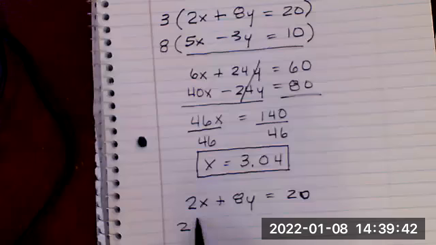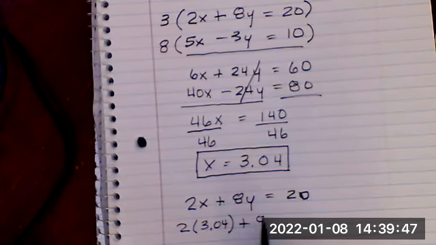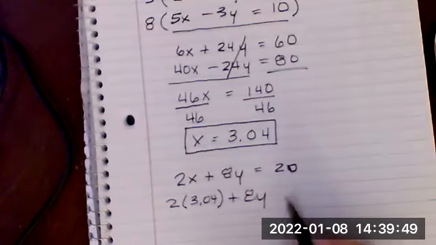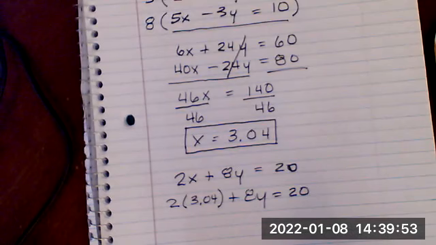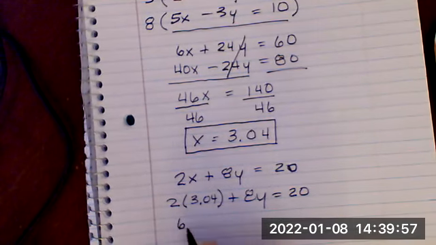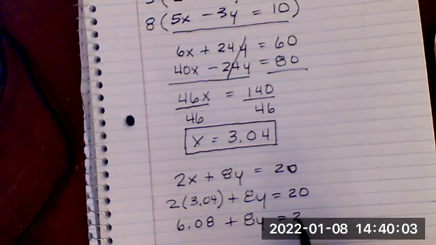We're going to have 2 times 3.04 plus 8y equals 20. All right. So this is going to be what? 6.08 here. 6.08 plus 8y equals 20.